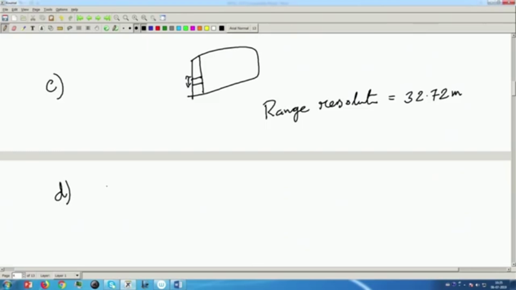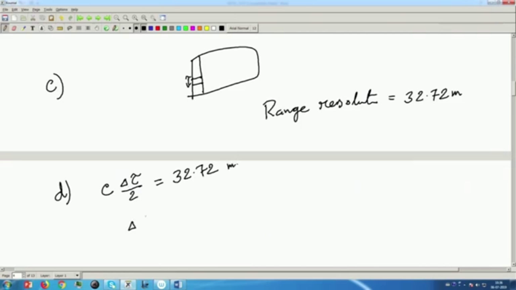So, we know that the range resolution I can write as C delta tau by 2. This is a constant frequency radar I am assuming. So, C delta tau by 2 will be 32.72 meter, roughly the range resolution.